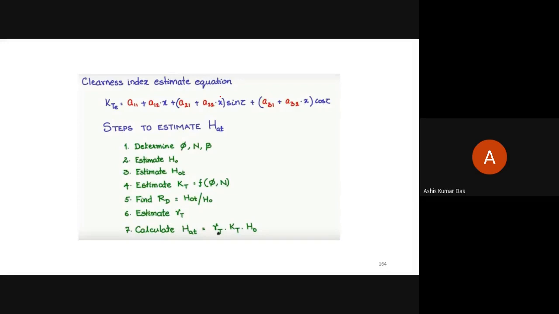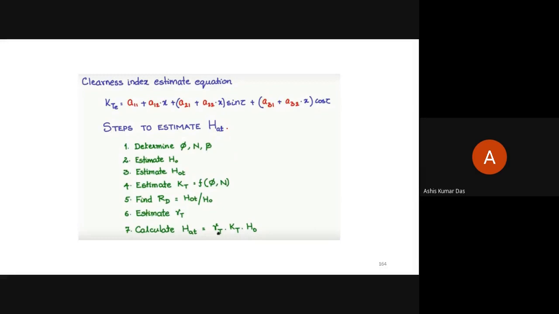Now, if we go back and look at the steps we saw earlier for finding HAT, this is what we ultimately want. That means we have to find the incident energy on a flat plate collector at any given place with atmospheric effect, HAT.